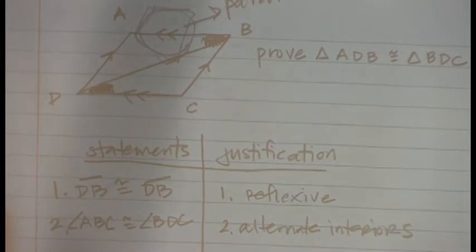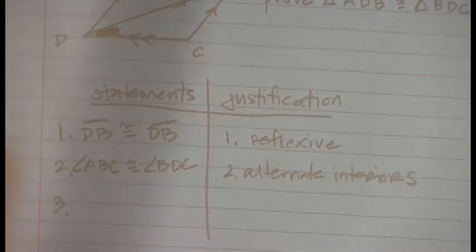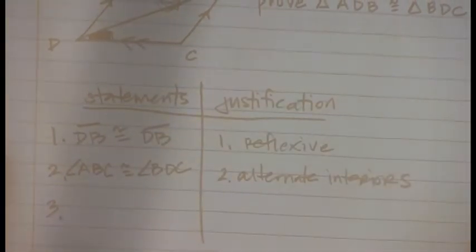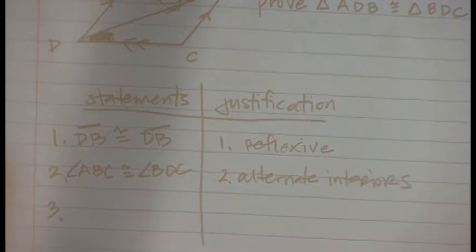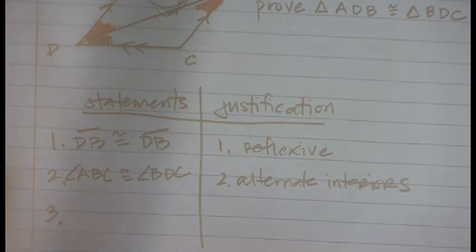Okay? That leaves one more statement to conclude. Quinn, do you think you can finish us up then? I don't think so. Okay. Anybody else think they can name that last set of angles? Hunter? Is it ADB?